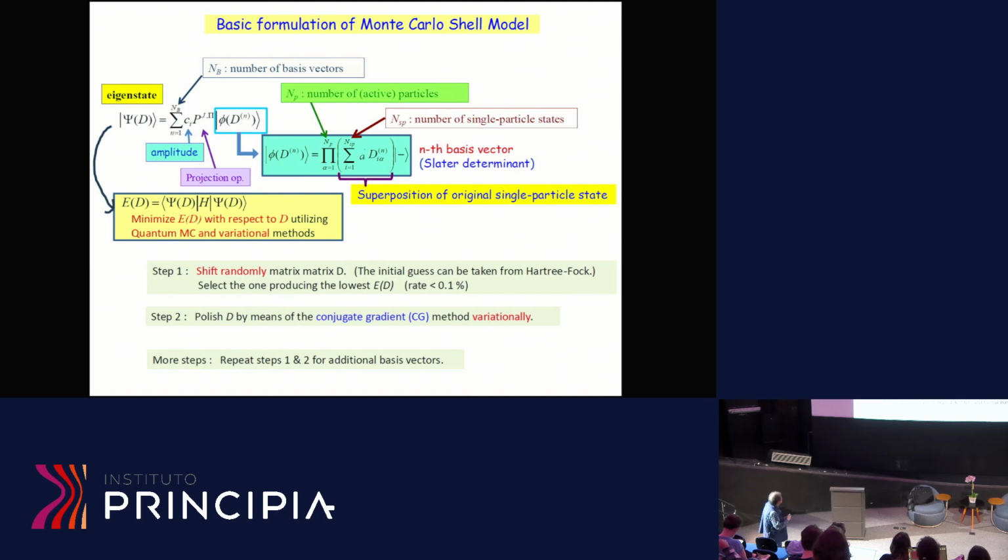You can combine these two steps, and repeat them for additional basis vectors. Then you obtain basis vector number 1, number 2, number 3, but always the energy is monitored after angular momentum projection and parity projection. So it's like VAP for each basis vector.